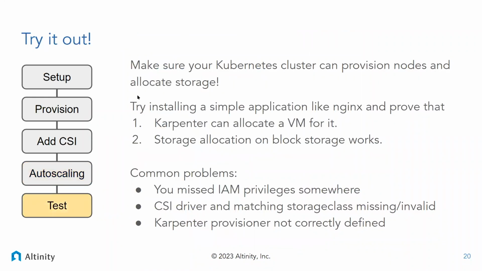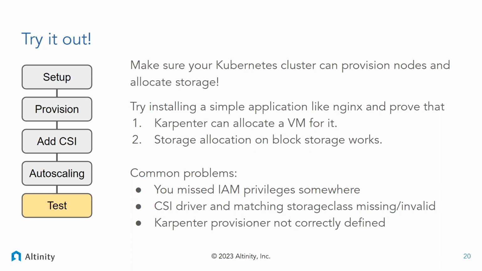One thing that I highly recommend is that you test it out. So for example, if you're bringing up a Kubernetes cluster from scratch, unless you've done it a great deal, make sure that it actually can allocate VMs, and that those VMs can get block storage. When you're doing this the first time, it's pretty easy to skip a step. For example, you might have made a mistake and left out the step to assign the Amazon IAM policy that's necessary to manipulate block storage.